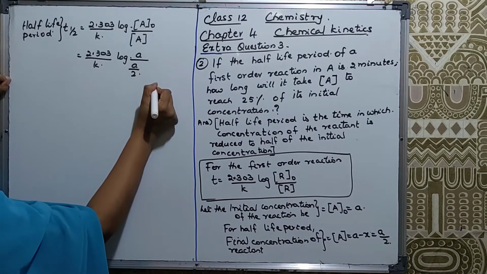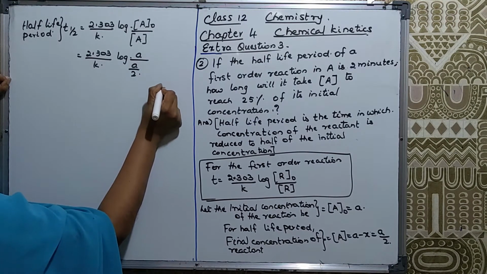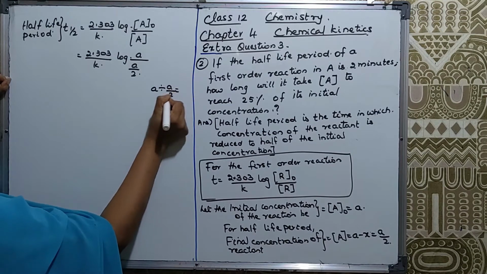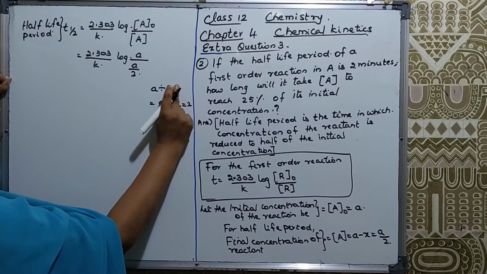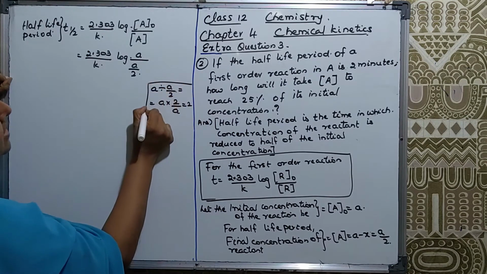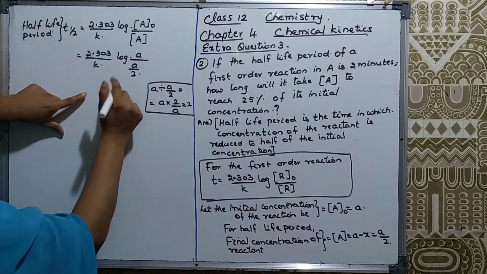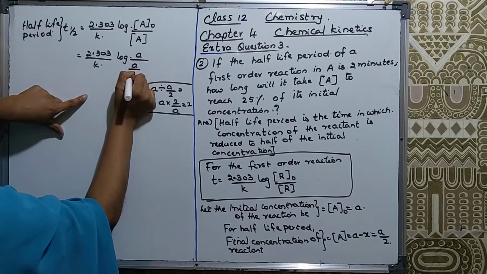When you take the reciprocal, A divided by A by 2 will become A into 2 by A, which is equal to 2. So when you take the reciprocal, this 2 will go to the numerator.